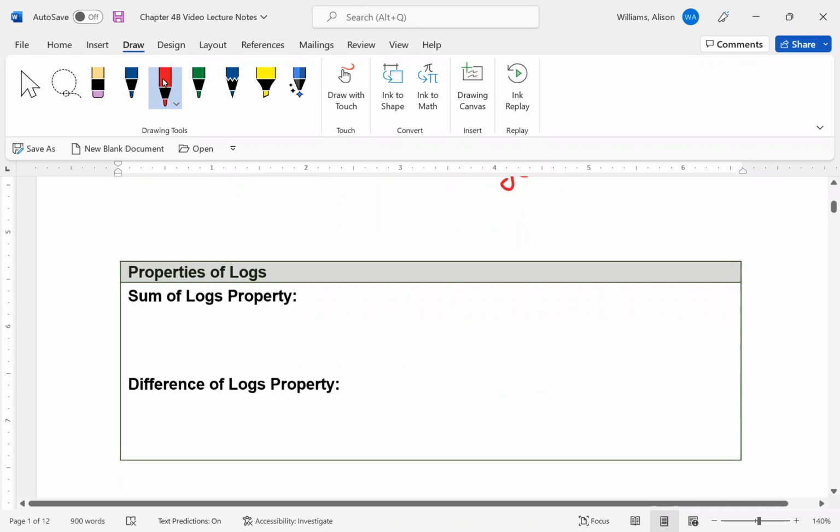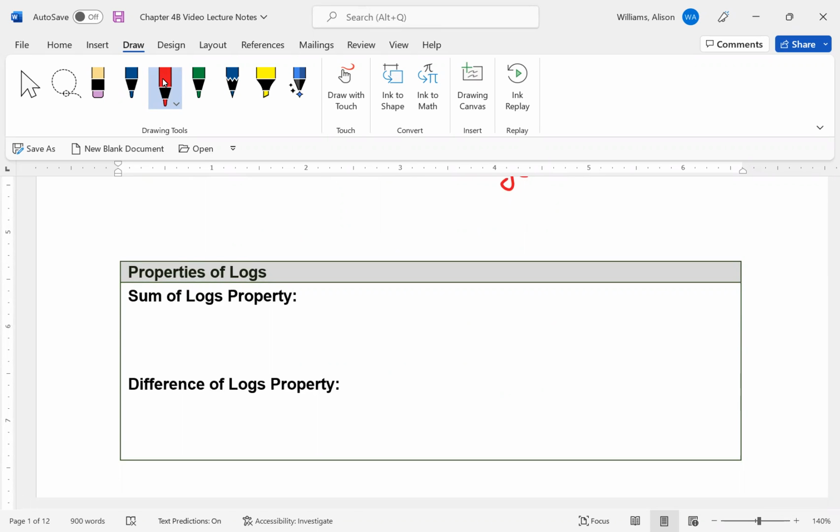So the sum property looks like this. If you have the log base b of x, and to it you are adding log base b of y, so they have the same base, that can be rewritten as the log base b of x times y.